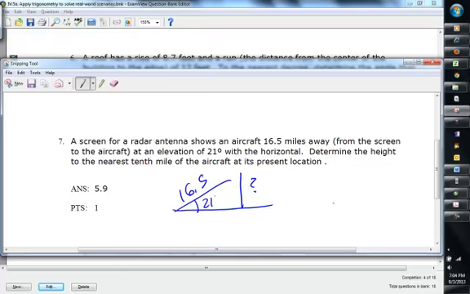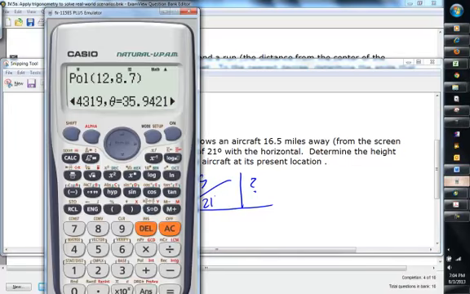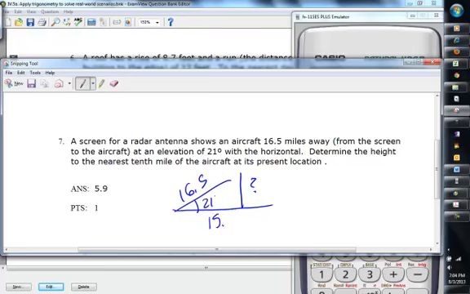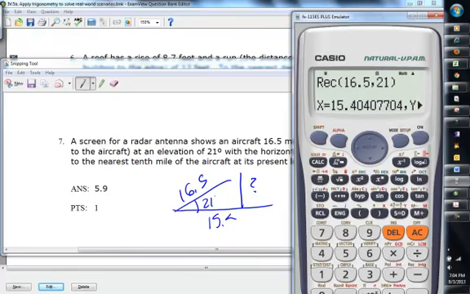This is a good problem for polar to rectangular because we're given the hypotenuse and the angle. So let's convert this into rectangular form. We've got 16.5 and an angle of 21 degrees. And the x distance is 15.4, and the y distance is 5.91.